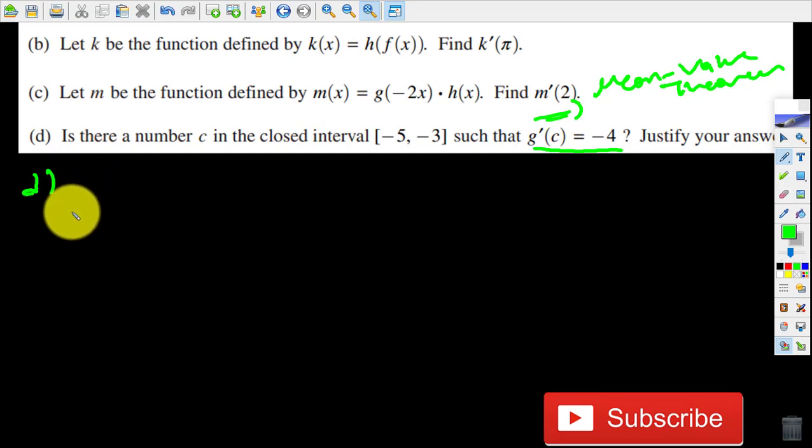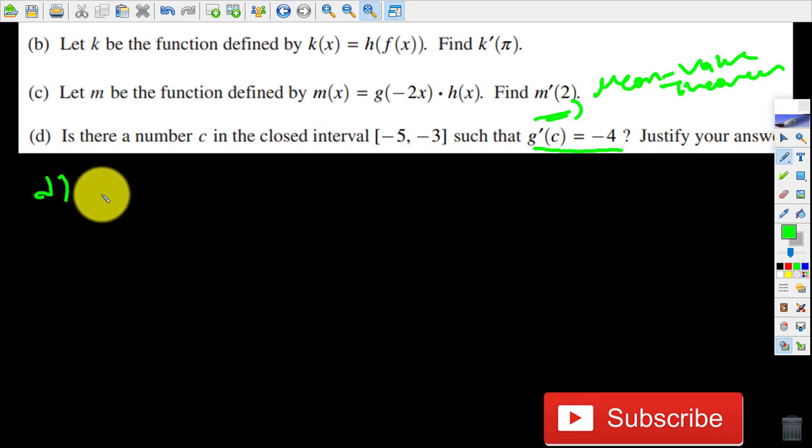The mean value theorem states that there's going to be at least one number between negative 5 and negative 3 where the average rate of change equals the instantaneous rate of change. So let's start with negative 3.